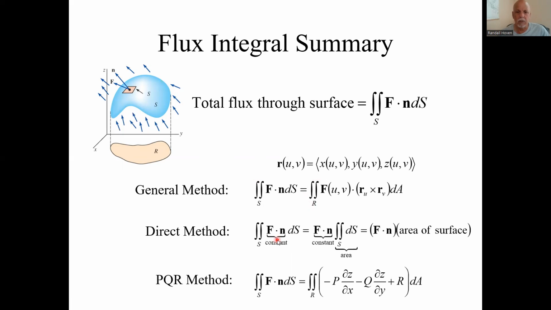If you're lucky enough that F dot n is a constant and you know the area of the surface ahead of time, you can use the direct method. I call it direct because you're just using the definition directly. And the PQR method is for when the surface is z as a function of x and y. I could have had two more formulas like this, for when x is a function of y and z, or when y is a function of x and z.